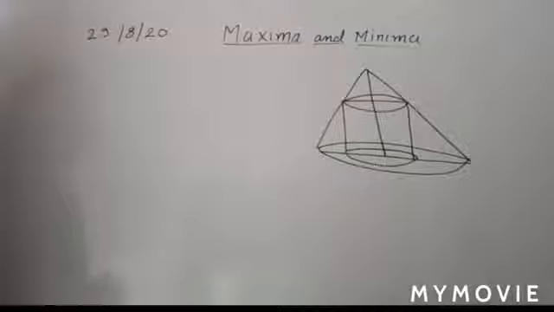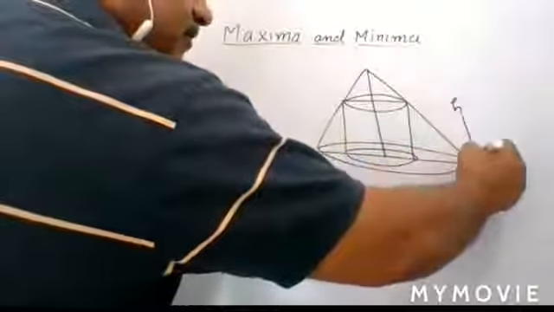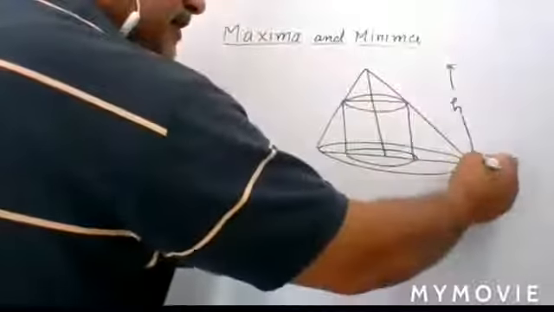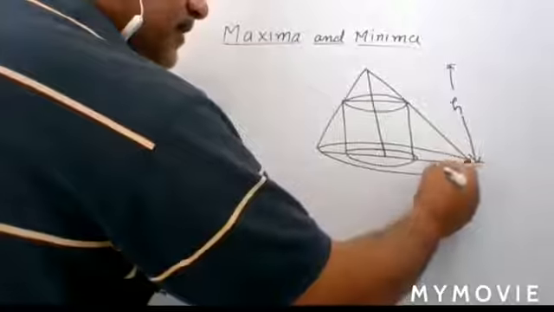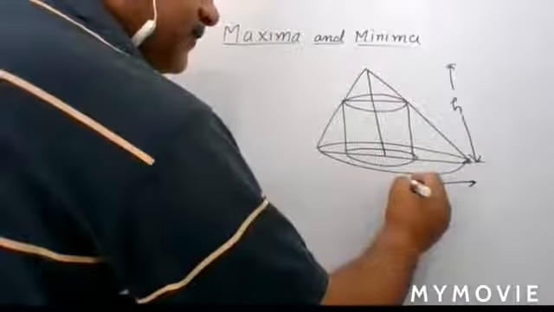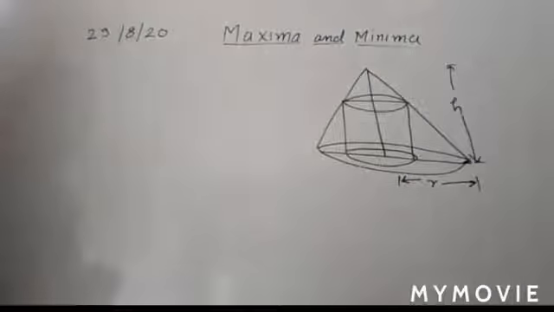And here it is given, small h is the height of the given cone, so small h is taken as constant. Here I take small r as the radius of the cone, so small r and small h are the radius and height of the given cone.